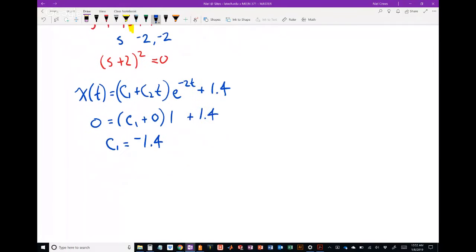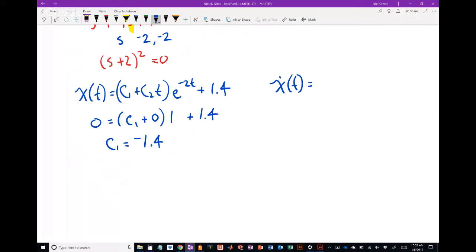Okay, we can take the derivative, x prime of t. Now we're going to need to use the chain rule, right? We've got a c2 t on the inside and then a -2t here.